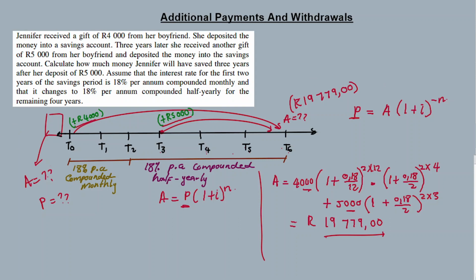In this example, if Jennifer had received money from a boyfriend but decided to withdraw this 5,000 rand, you would just subtract it. I'm just subtracting. That's it. With withdrawals, you just subtract.